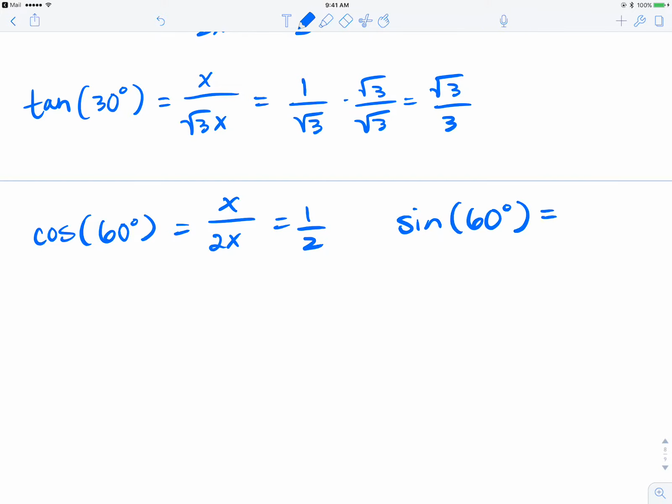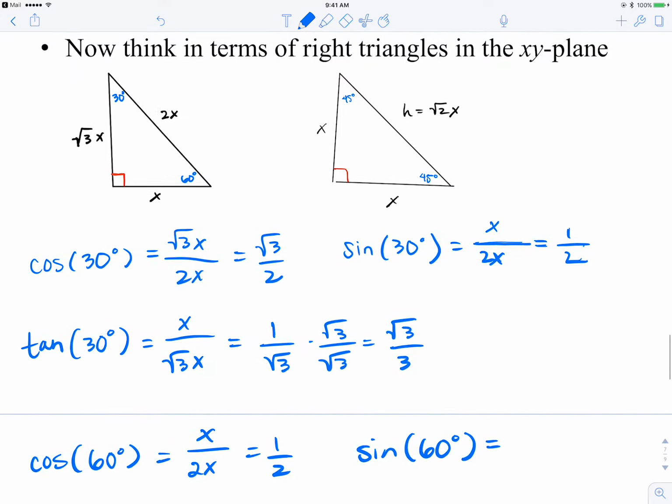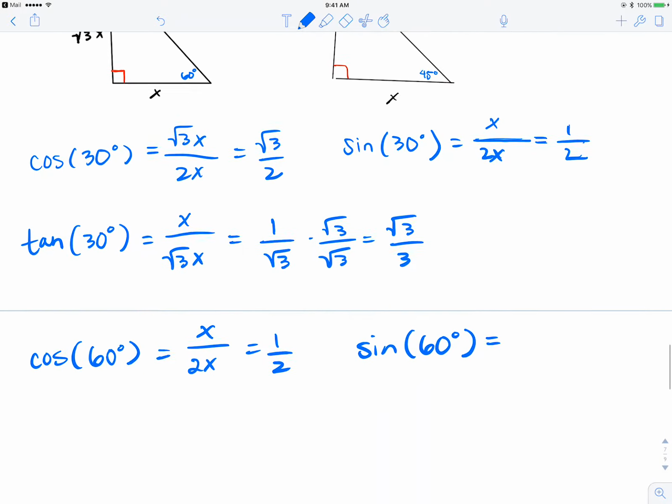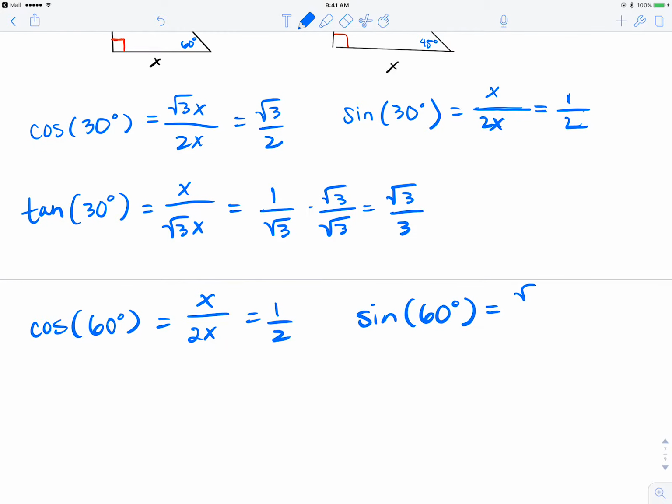Sine of 60 degrees. Sine is opposite over hypotenuse, so opposite would be root 3x over 2x, so we get root 3 over 2.